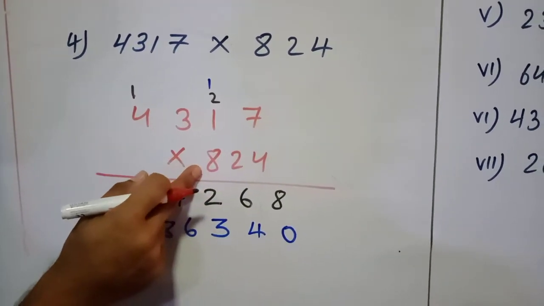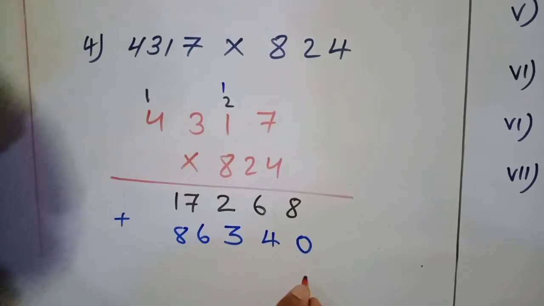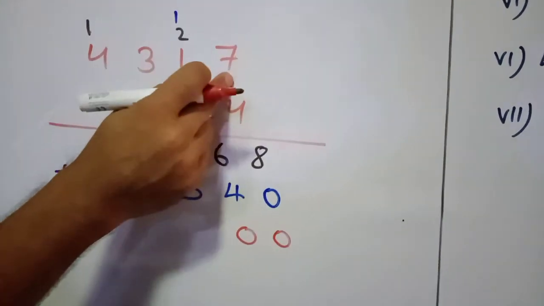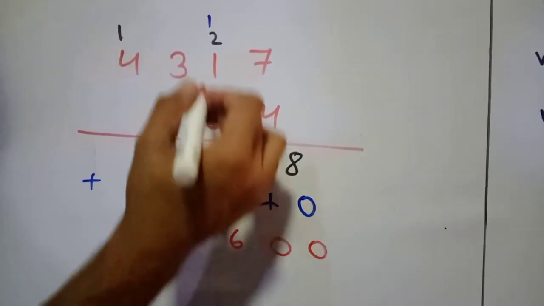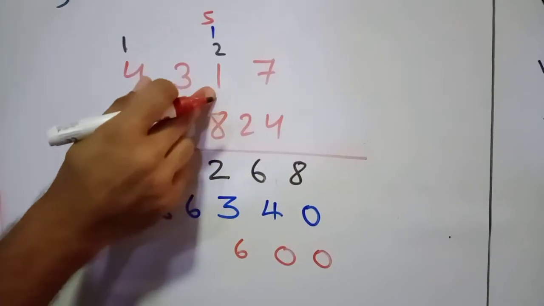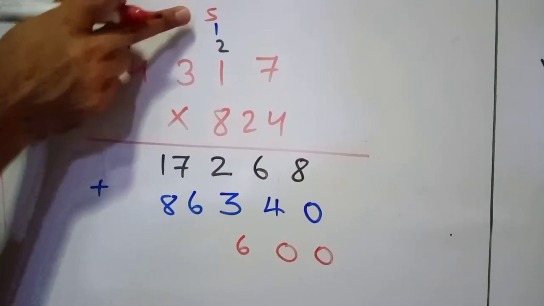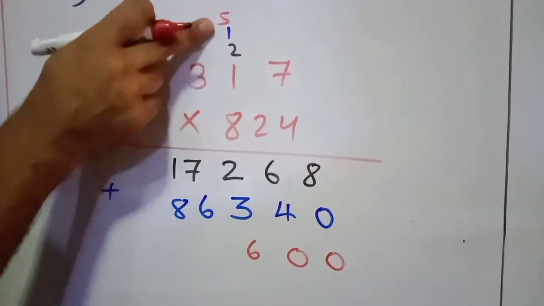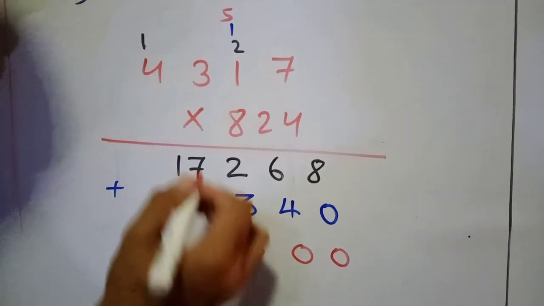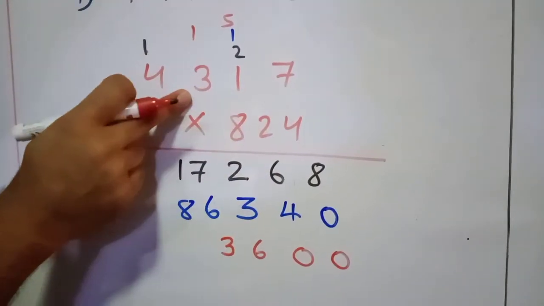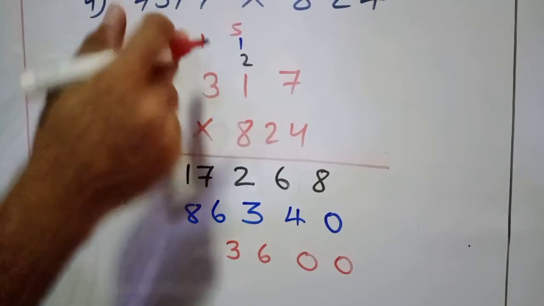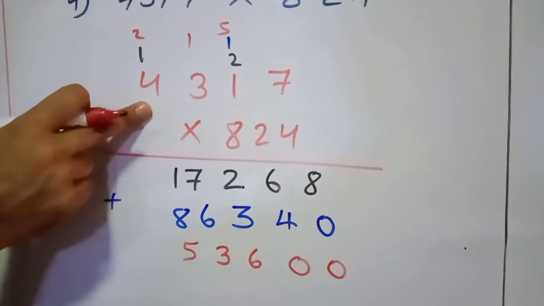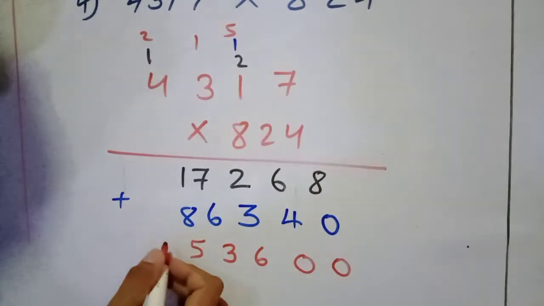Now we are going to do the multiplication by 8, that is at the place of 100. So put 2 zeros, 1 at the place of unit, then tens. 8 7s are 56. 6 is here. 5 carry. 8 1s are 8. 8 plus 5, 13. 3 here. 1 carry. 8 3s are 24 plus 1, 25. 5, 2 carry. 8 4s are 32 plus 2, 34.